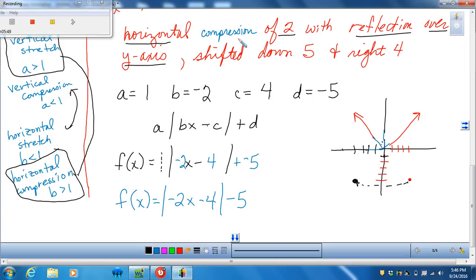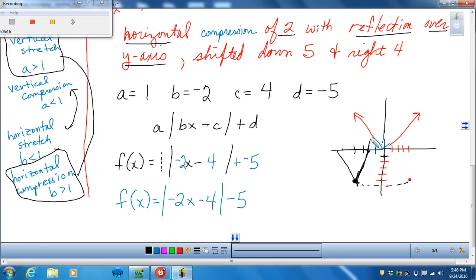Okay? And then we have a compression of 2, or horizontal compression, which means that it's getting squeezed sideways. So again, a horizontal compression is very much like vertical stretch. So it is going to be growing or going vertical twice as fast.